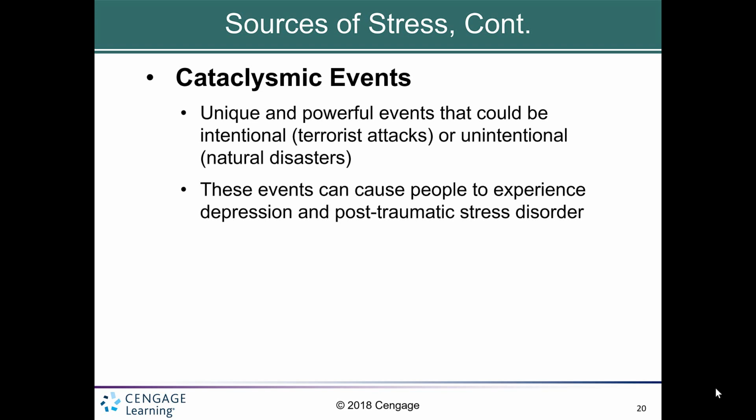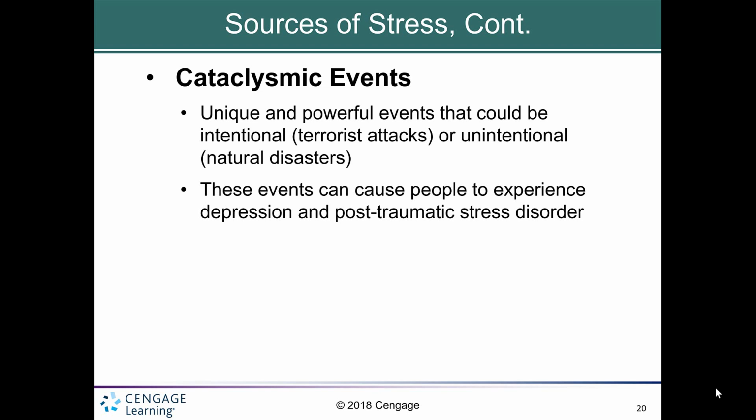These events affect large numbers of people and may be unintentional events such as a natural disaster, or even intentional events such as terrorist attack. People who experience cataclysmic events may develop symptoms of depression and post-traumatic stress disorder. Several factors moderated or exacerbated these symptoms, such as their feelings of support from others, discrimination, and their proximity to the destruction.